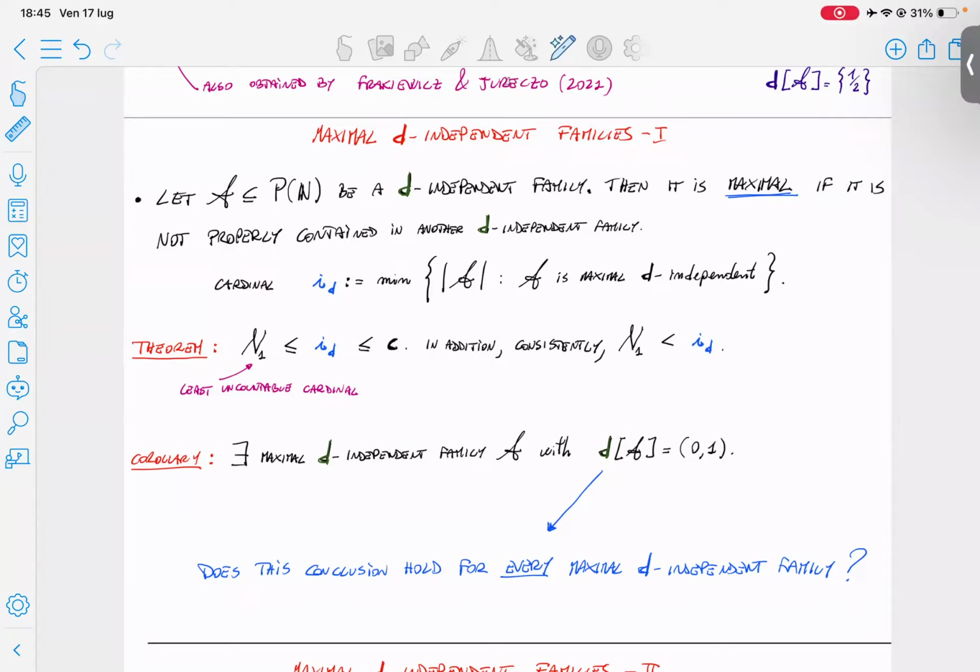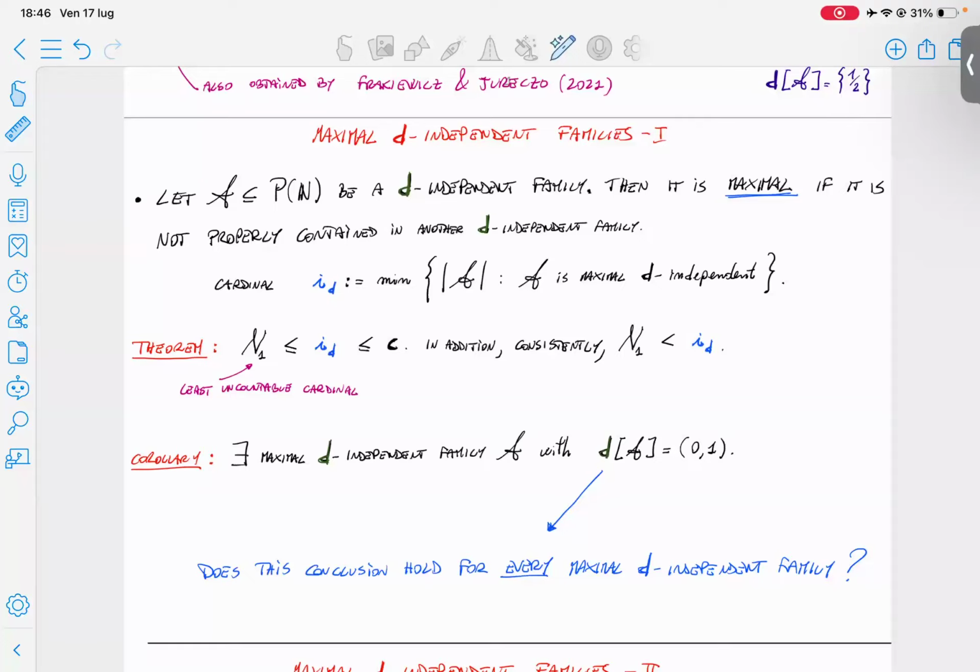Because if you look at the definition of D-independence, all the properties rely on finite operations, so you can use the third lemma. Second theorem: this cardinal ED is at least aleph 1, so for sure it is uncountable. And at most, what is written here on the right is trivial, at most the cardinality of the continuum.